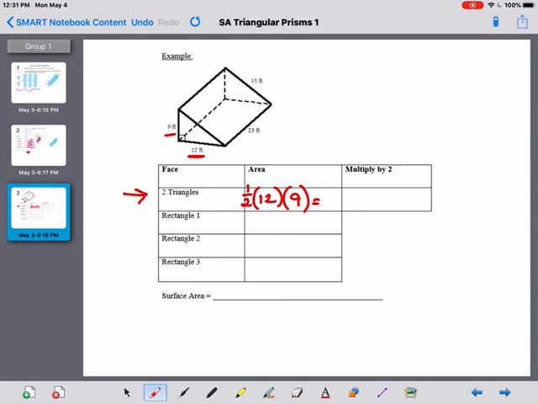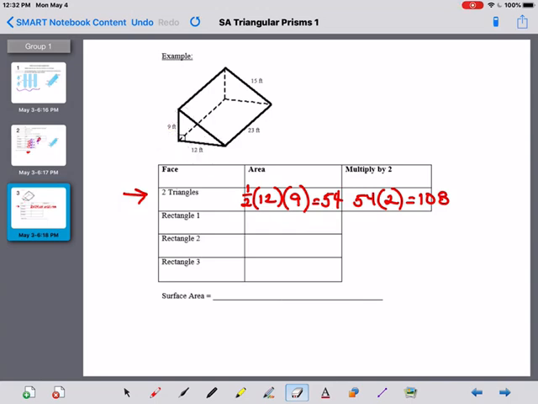If I multiply that together and divide by 2 or multiply by 1/2, I get an area of 54 square feet. Since both those triangles have the same area, we double that, and we have a total of 108 square feet for the triangles.